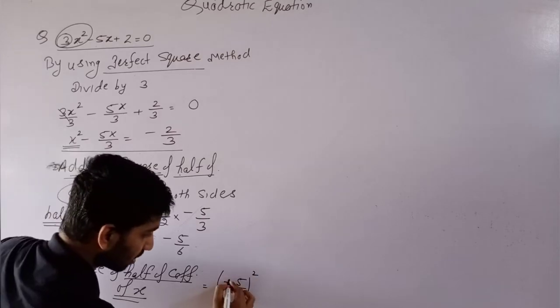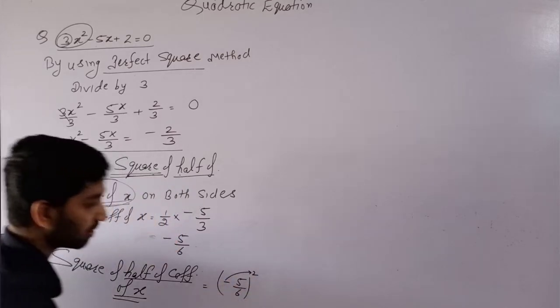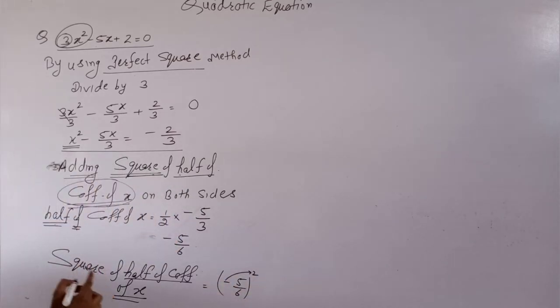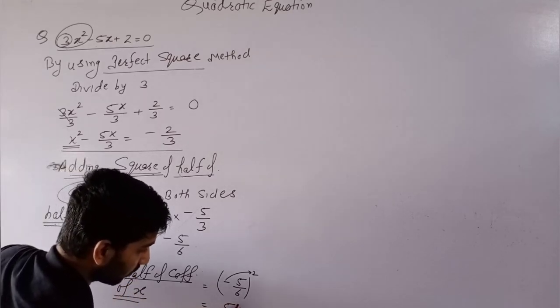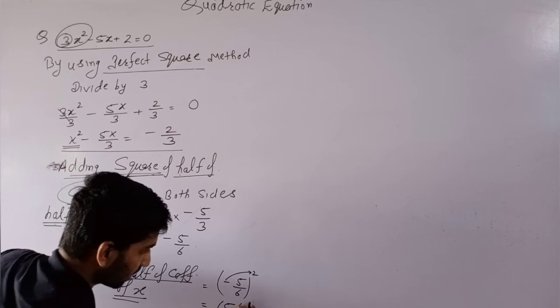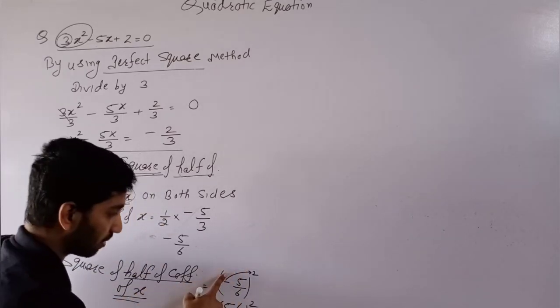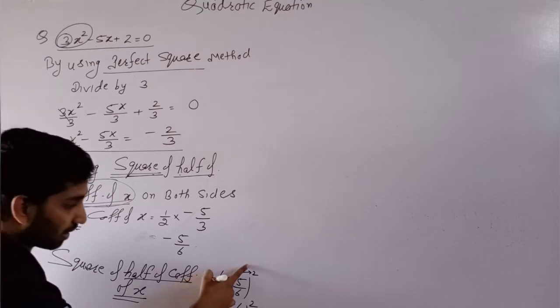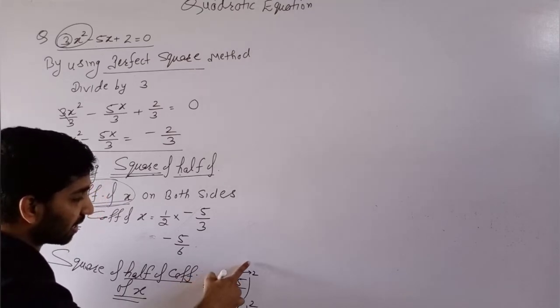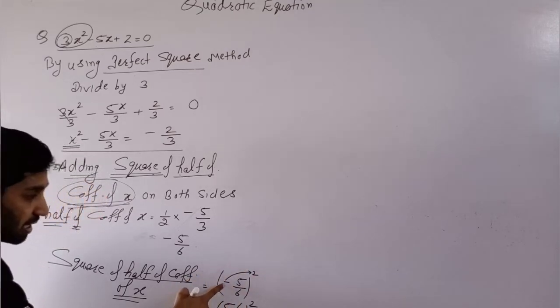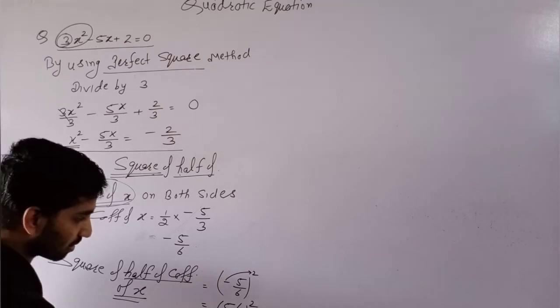We know that the square of a negative is positive, negative multiplied by negative is positive. So we can also write 5 by 6 whole square.